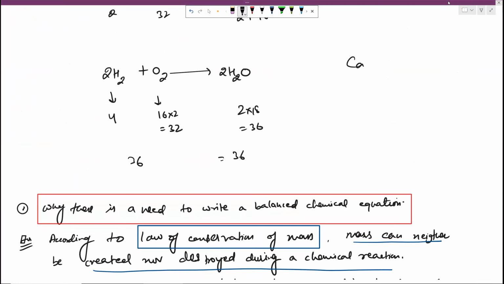Just give me a minute. So this chart you have to memorize.